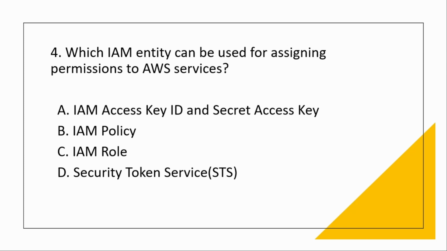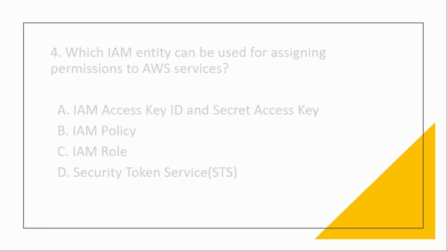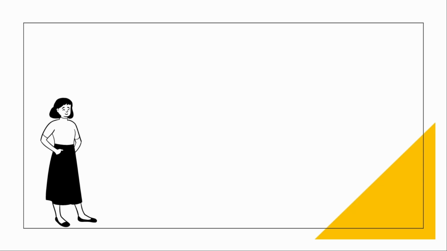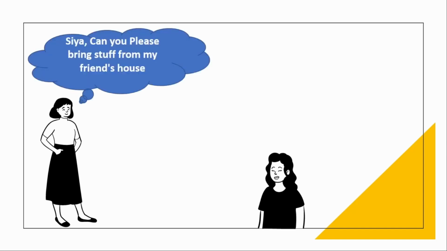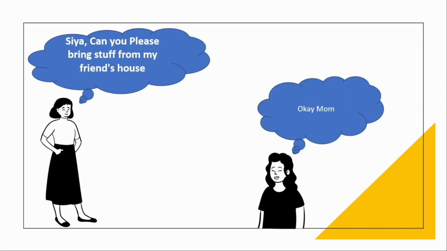And let's see what is IAM role. I'll give a very general life example so that you understand in detail. Suppose it's a story of a mom and daughter and her mom's friend. So the mom says, Sia, can you please bring some stuff from my friend's house? She says, okay, mom.